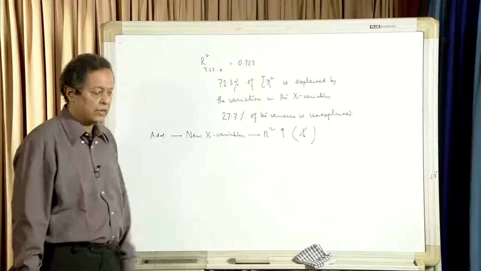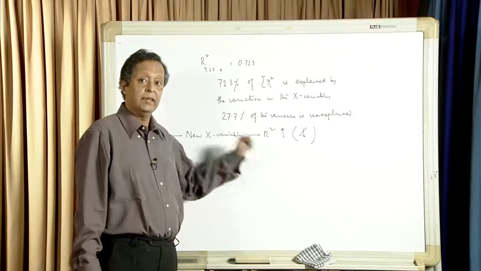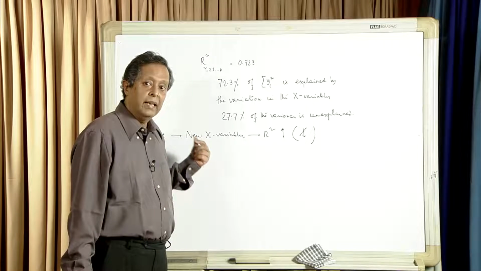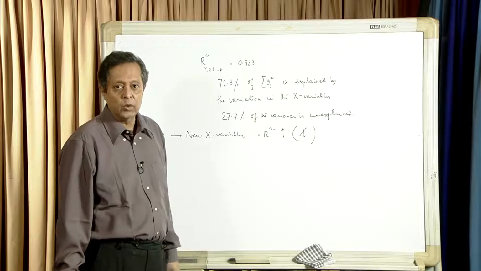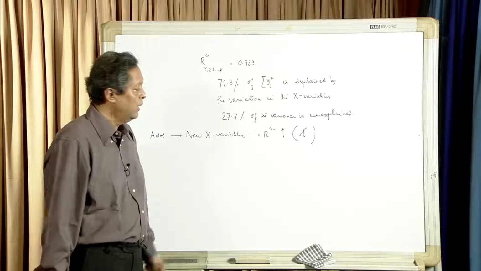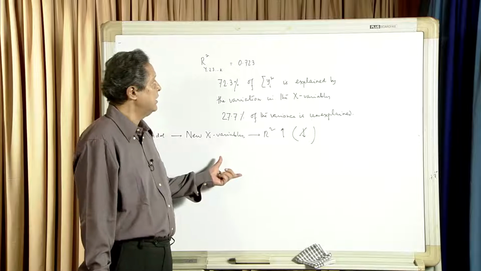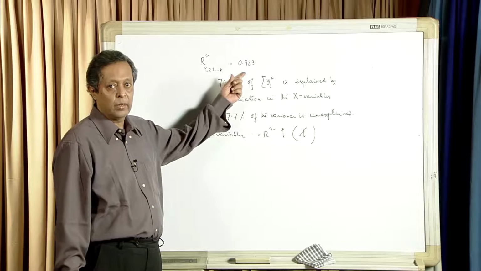It will not decrease, usually it increases. So, there may be a tendency of going on including more and more x variables without any reason. Those variables may not be really relevant, but we can include them just in our bid to increase R square.